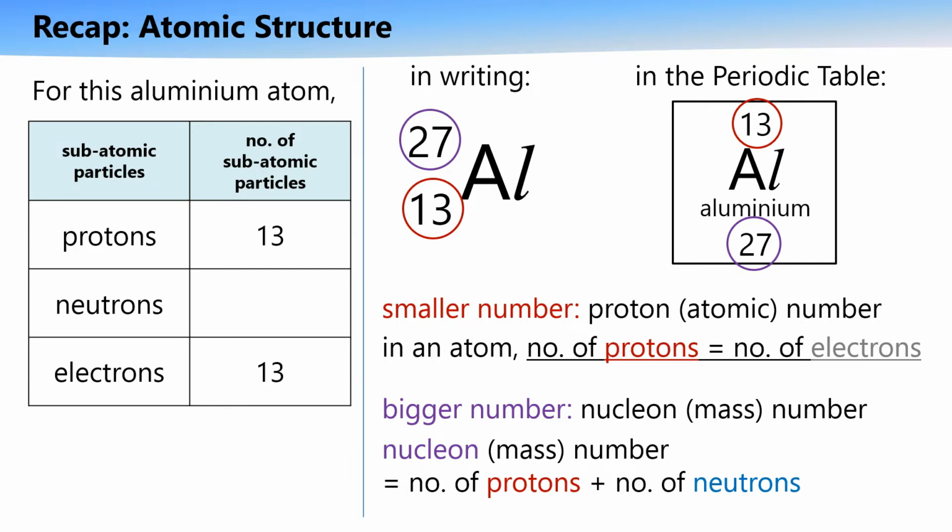But how many neutrons are there? This time we need to use the nucleon number. Since there is a total of 27 protons and neutrons, and there are 13 protons, it makes sense that there are 14 neutrons. So this is a recap of what we have done previously.